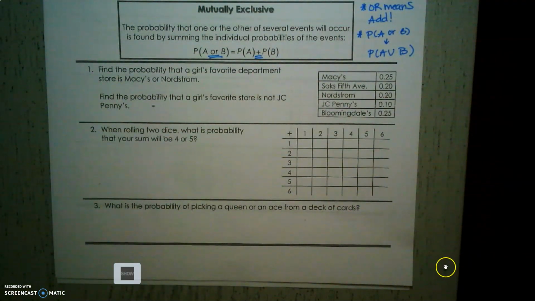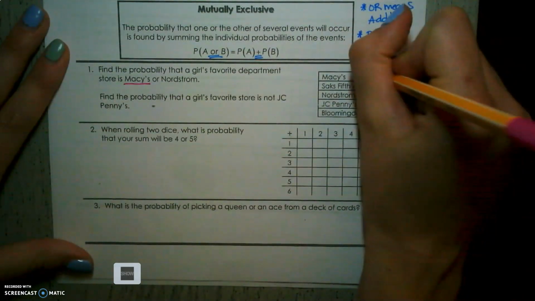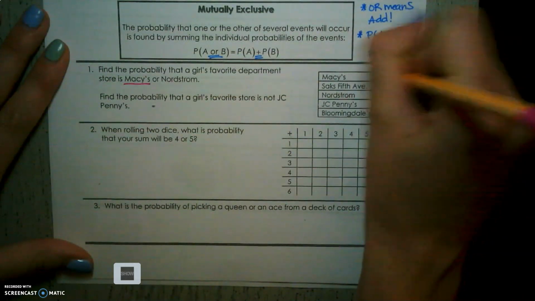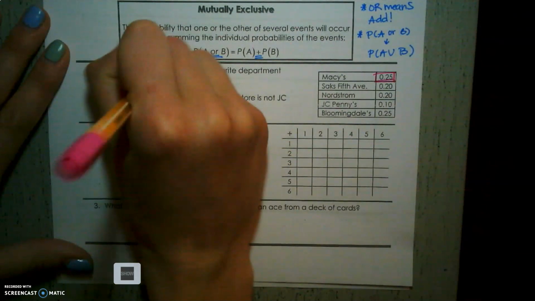Find the probability that a girl's favorite department store is Macy's or Nordstrom's. The first thing we have to look at is Macy's. So the probability of Macy's is 0.25.